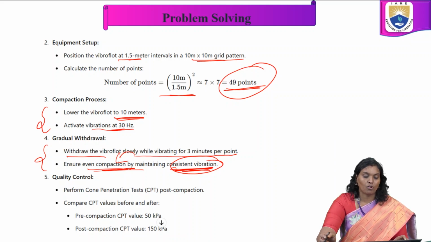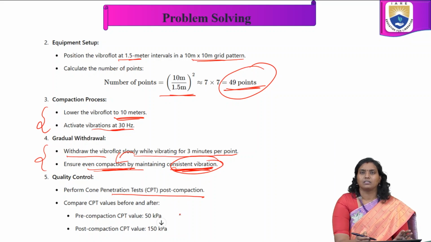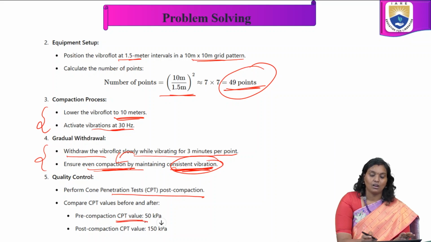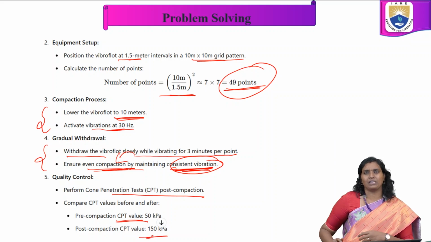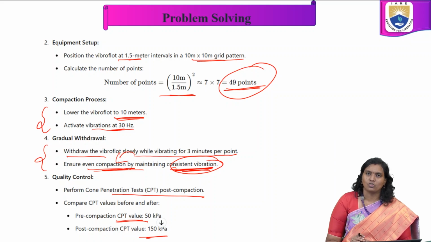For quality control, perform the cone penetration test before and after the technique is applied. What is the CPT value before and what is it after, to understand the changes that happened in the soil properties using the technique.